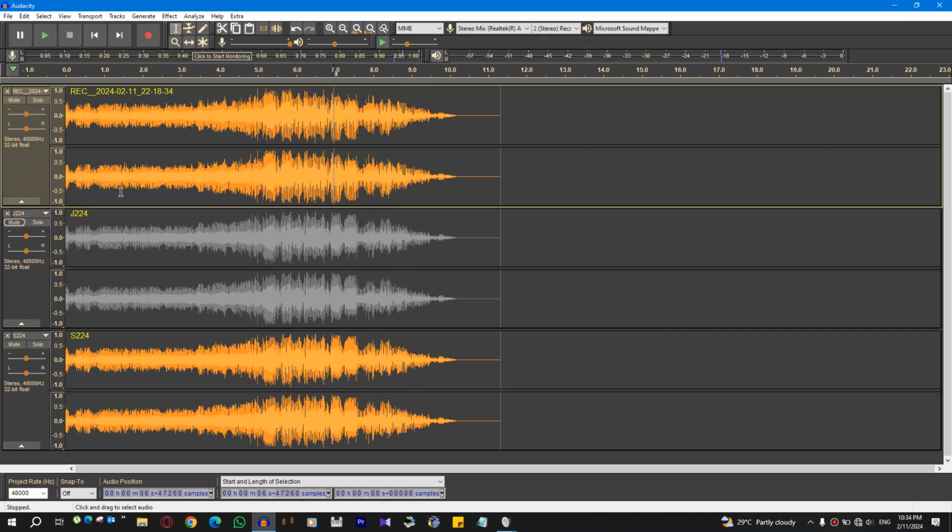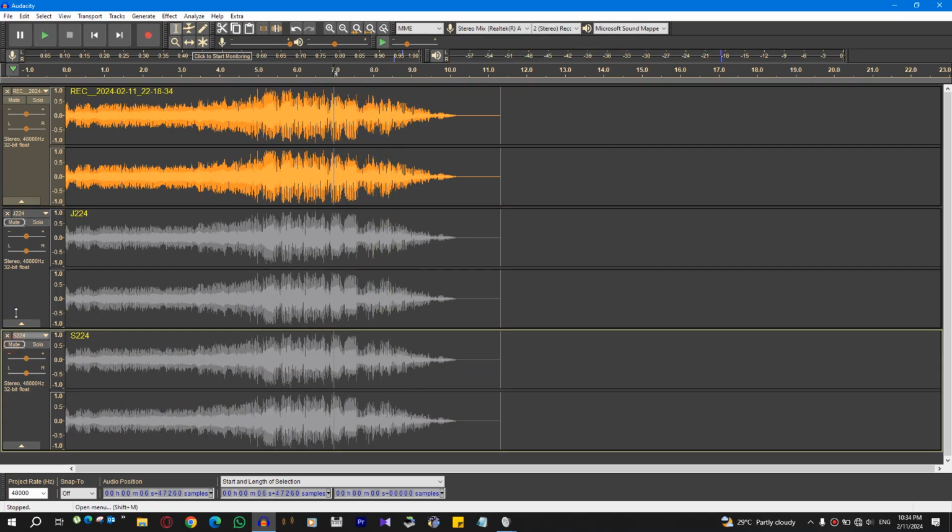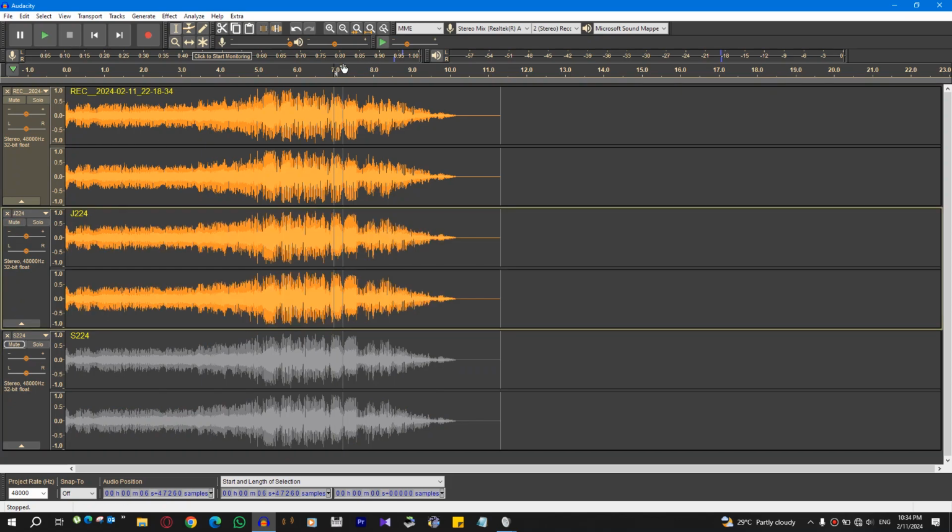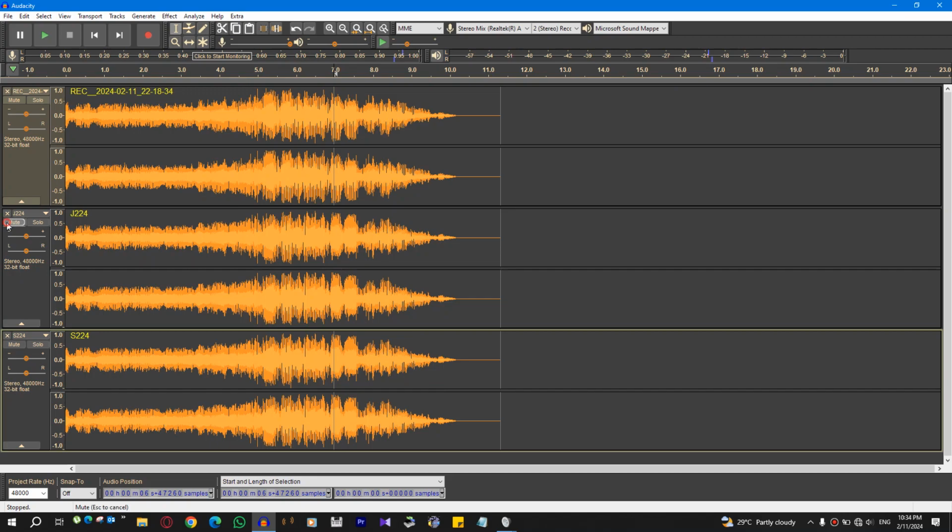That's around minus 18. Let's play that again with the joint stereo version. That's not even close. The missing counterpart is still lower than that of the stereo version.